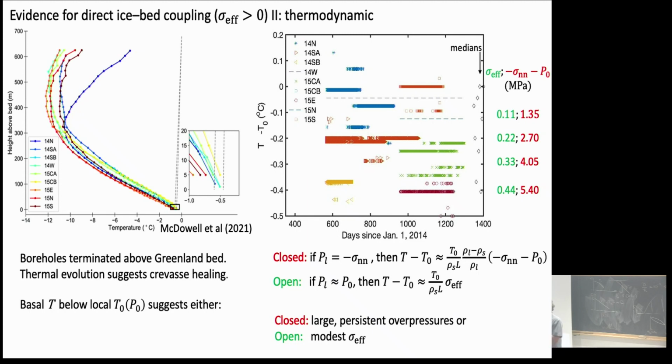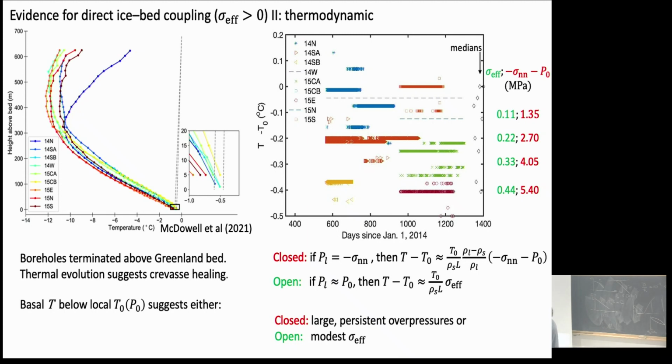But here, when the hole finally closed off, they have a measure of the local melting temperature at the in situ bulk melting conditions. And we'll call that T0, the bulk melting temperature at the time that those holes closed off.